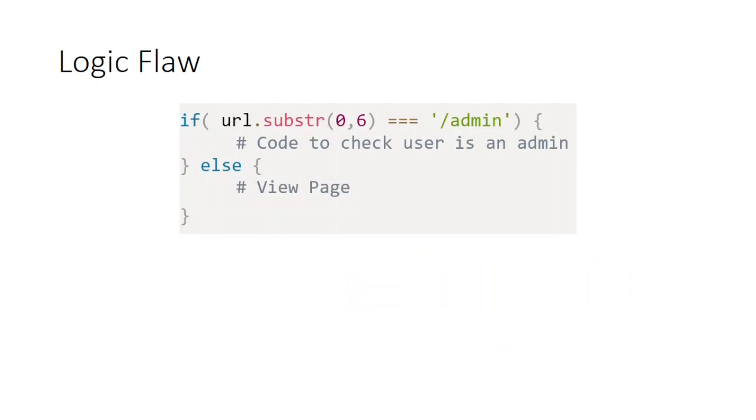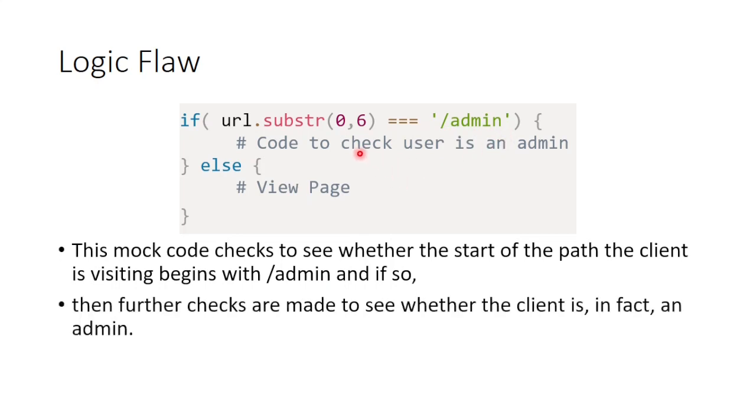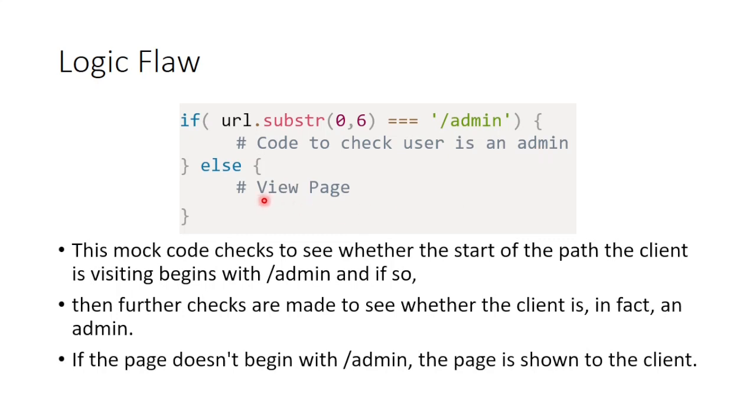As you can see in this mock code, it checks to see whether the start of the path the client is visiting begins with /admin, and if so, further checks are made, like, is it really an admin? If the page doesn't start with /admin, the page is shown to the client.